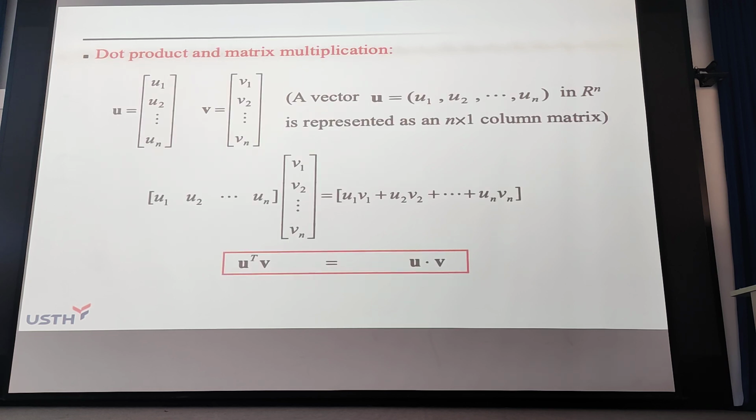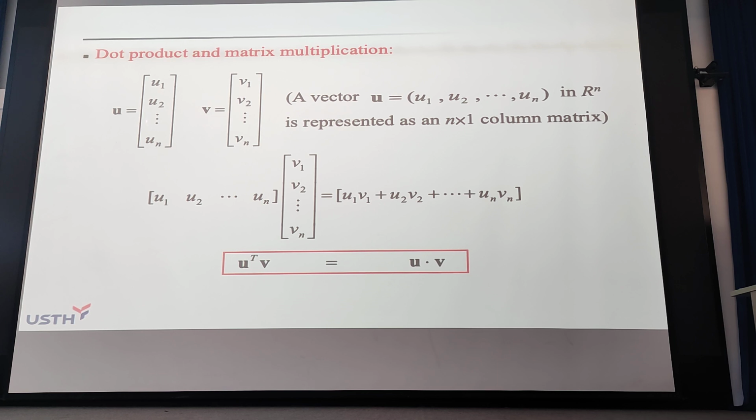That slide explains the dot product we have just defined here, or rather, we just repeat what we studied in high school. You can consider it like multiplication of two matrices.